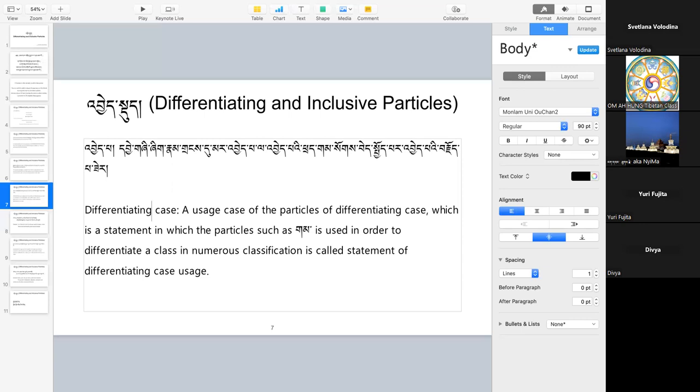Sometimes some particles, like the weak compound particles, in case of the first grammatical case, definitely in those cases, the particles have a certain way of manifesting, not as directly translated in written, but influencing the nature of the statement.